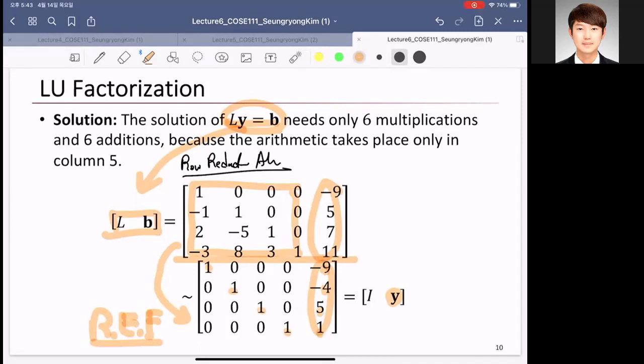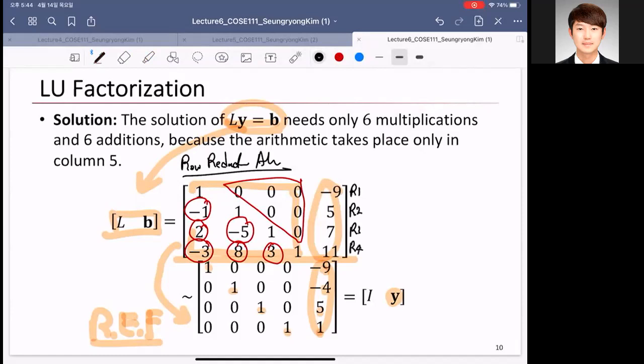So let's do that. Fortunately, we only have this term, because this is the definition of L, so we don't need to care about the upper part. Let's label the rows R1, R2, R3, and R4.